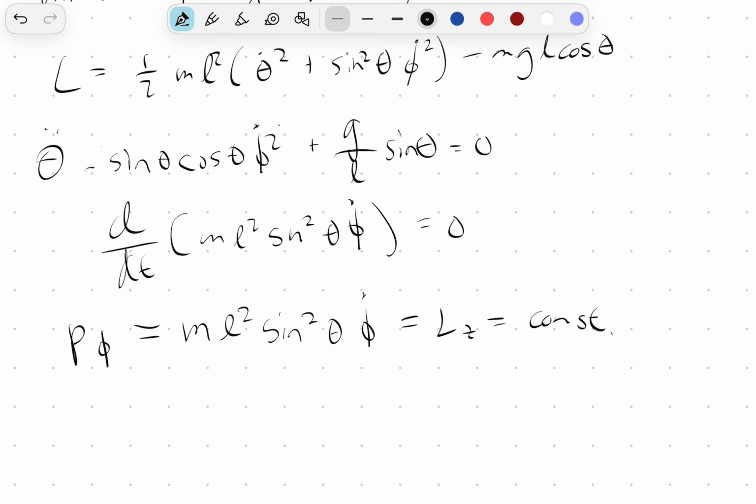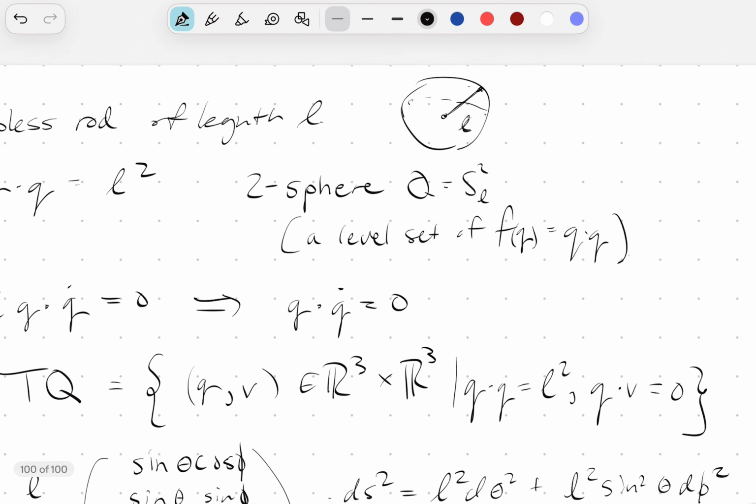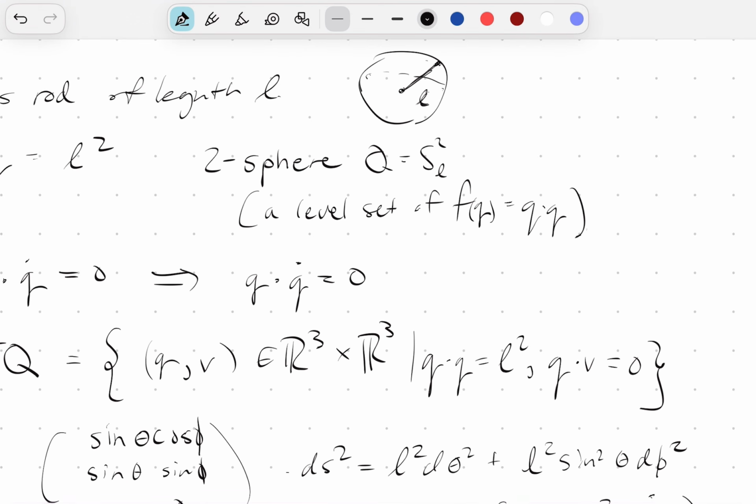So that LZ component, the full rotational symmetry of the free space here, right? The rotational symmetry is kind of broken by gravity of this rod, but the rotation around an axis, or sorry, the z-axis here, that is a symmetry. So it survives as a conserved charge.